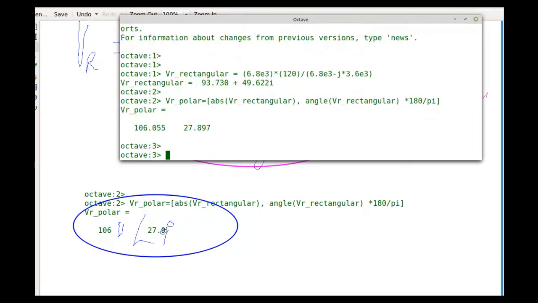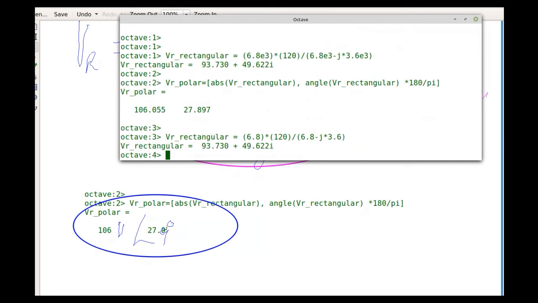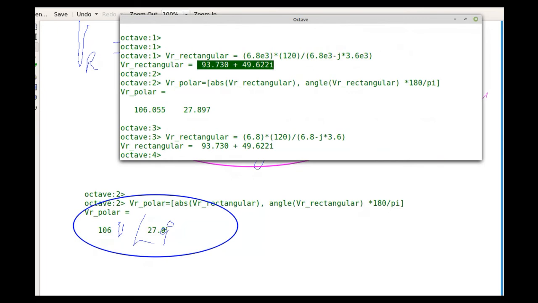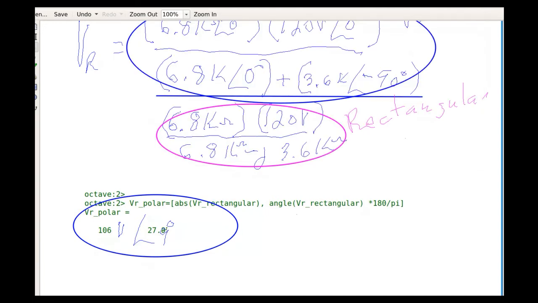Now, because they were all K's, I could have taken it out everywhere. And when I calculate this answer here, notice that the answer actually is the same because the K's end up canceling. You've got K in the numerator up here and K in the denominator, and they end up canceling out because it's a voltage divider.